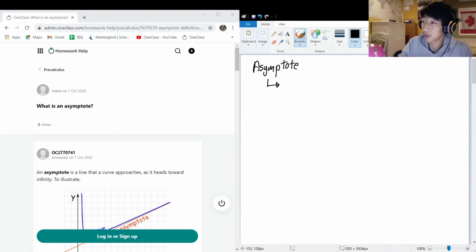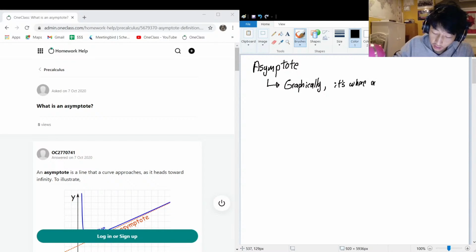It's kind of difficult to think about it in a purely numerical sense. Graphically, it's where a function approaches but never quite gets there.